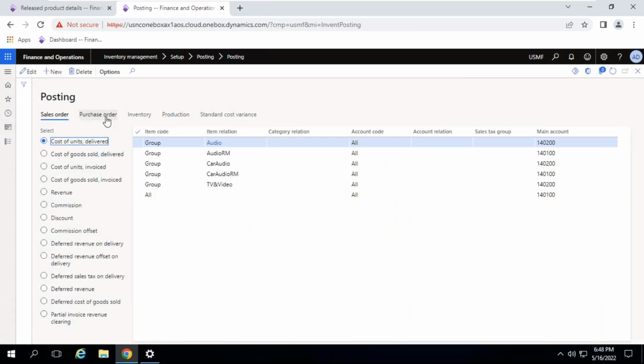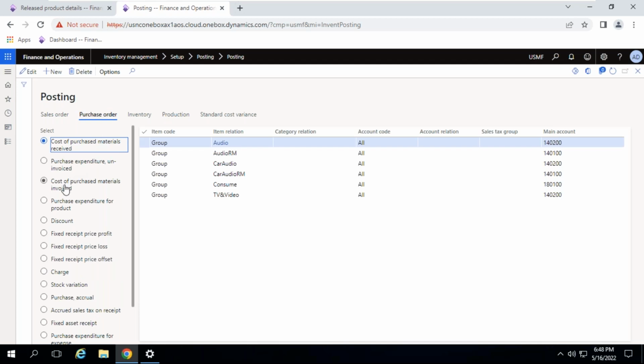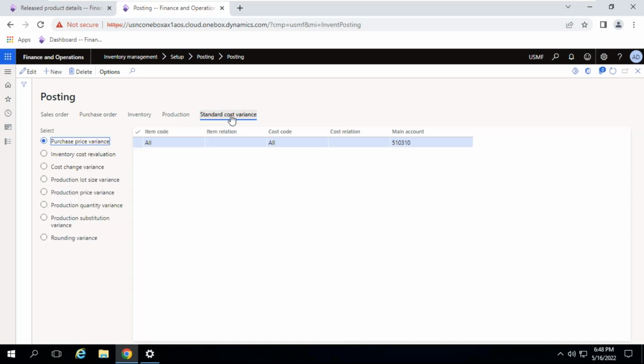In this, the purchase transactions are hitting these accounts. These two we should know. Cost of material invoiced account debit, vendor account credit, purchase expenditure for product was posting. Along with these two, the standard cost variance, purchase price variance, whatever you have entered, will be posted.